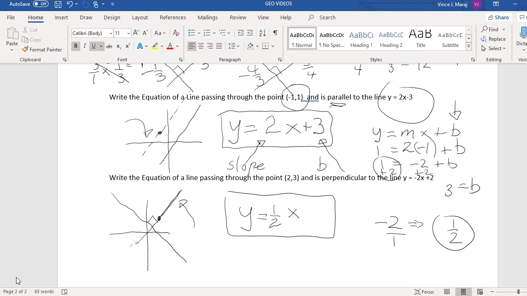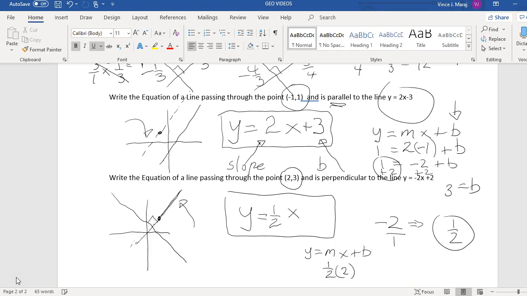Again, all we have to do is get the y-intercept, just like we did for the question with the parallel line. To do that, y is equal to mx plus b. I have the slope of a half. All I need is an x and a y value, which they gave me. The x is 2, put it under the x.